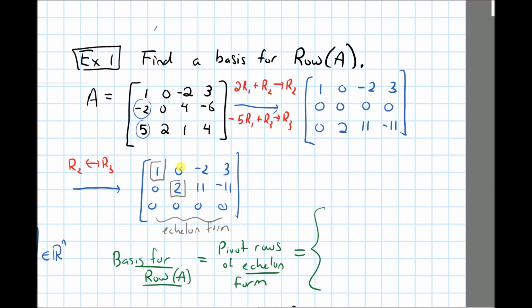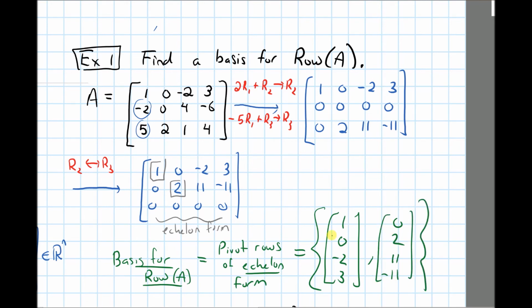It's the first row and the second row in the echelon form. I'm going to just decide to write them as column vectors. So the first row as a column vector is 1, 0, -2, 3. And the second row as a column vector is 0, 2, 11, -11. But if we wanted to write these as rows instead of in this column format, that would also be fine.